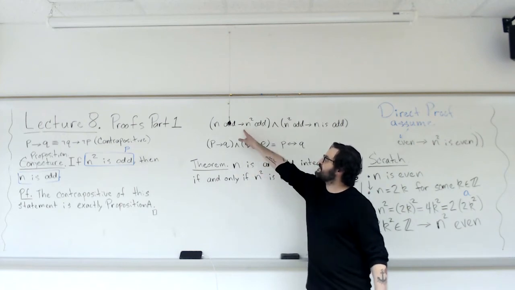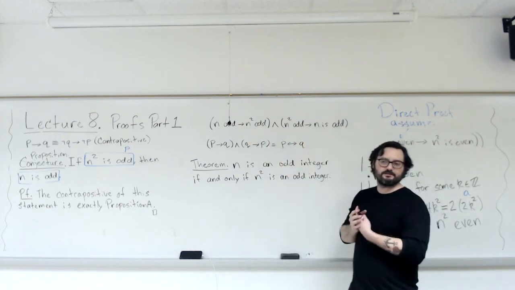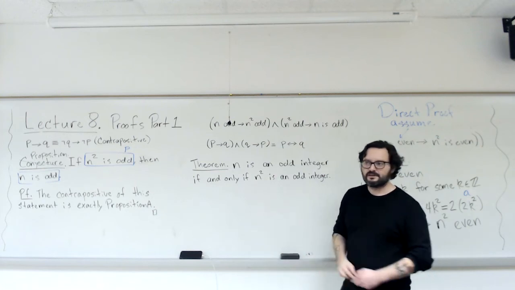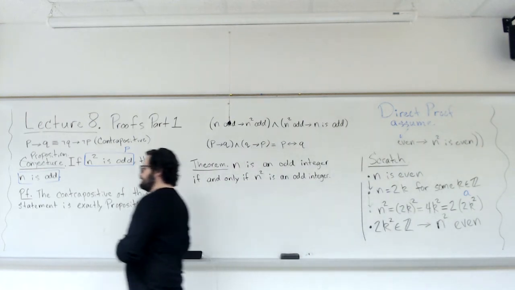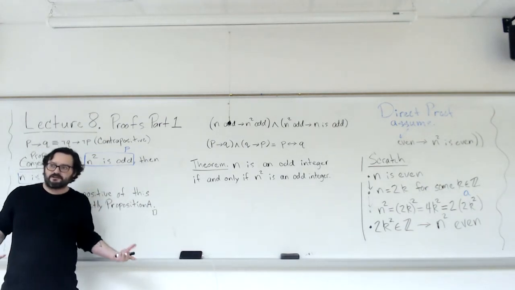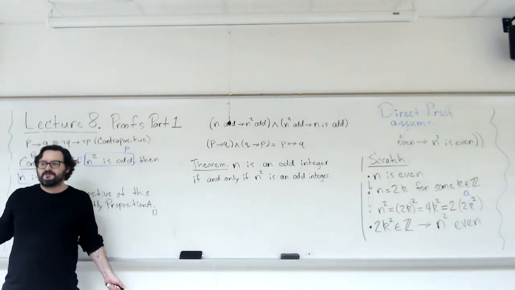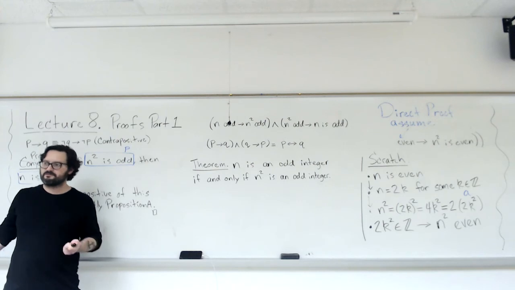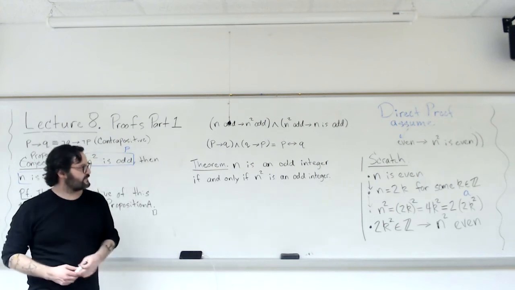We proved both directions, which means it's an equivalence. We know if n squared is odd, n is odd. If n is odd, n squared is odd. If one of those two things happens, we know immediately about the other. Okay.